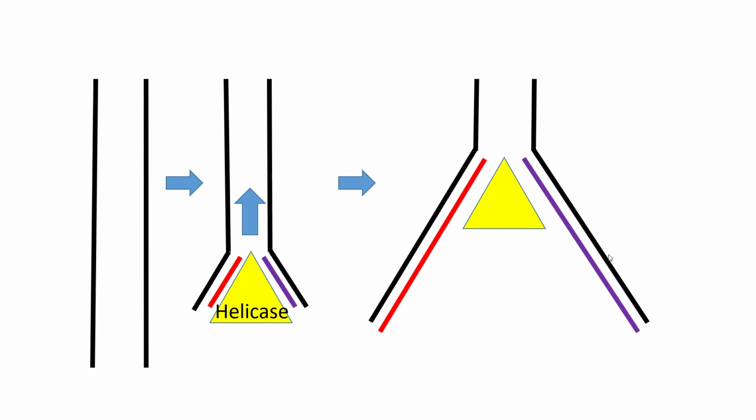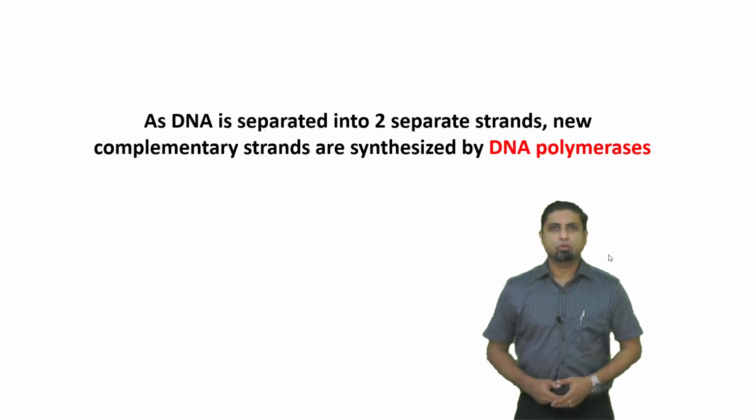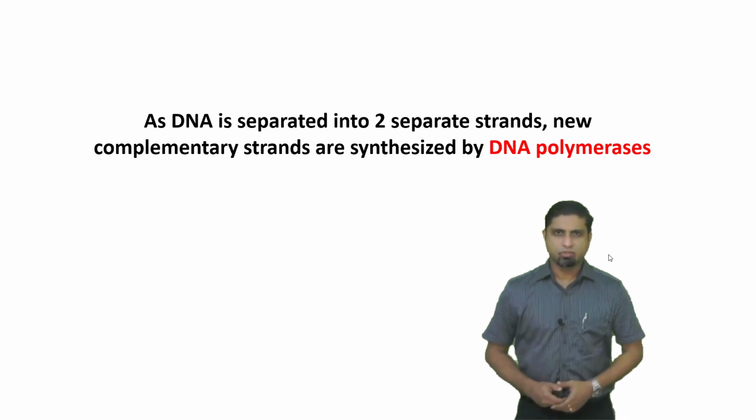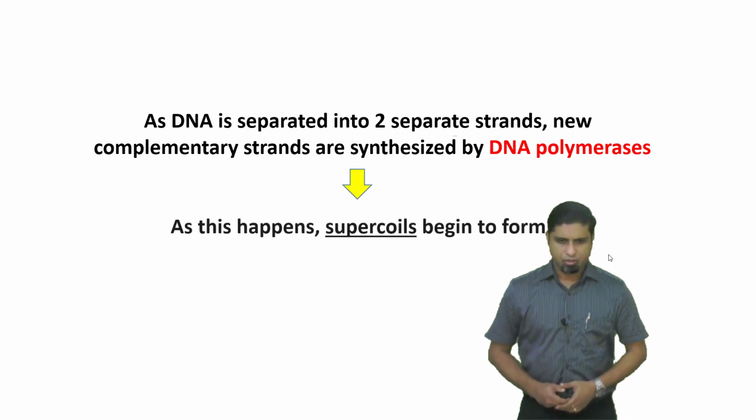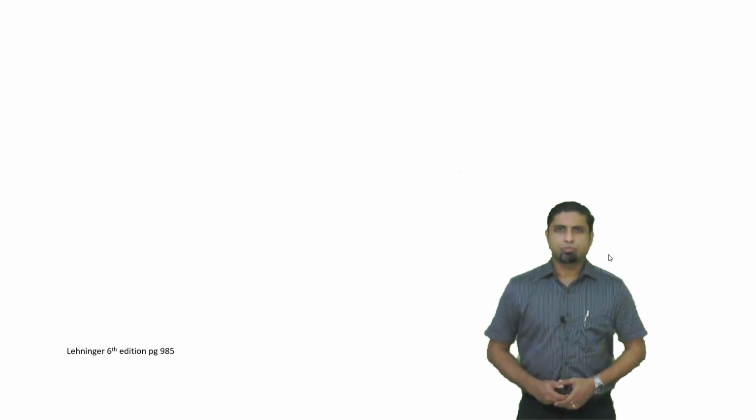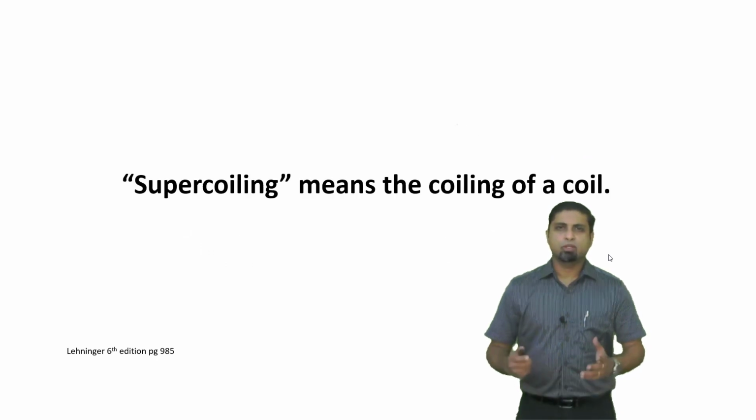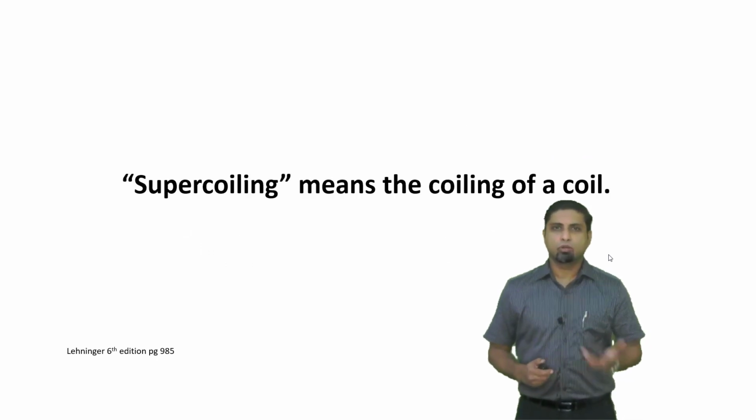Now, as helicase separates the two strands, we see a phenomenon happening distal to the point of separation. We see that supercoils are being formed. Now, what exactly are supercoils and what is their significance? So, supercoiling means the coiling of a coil.